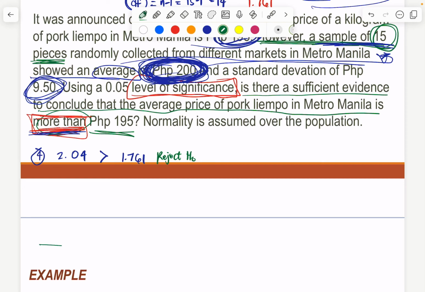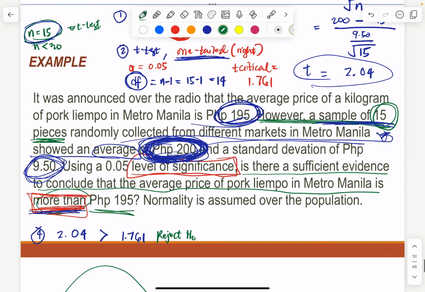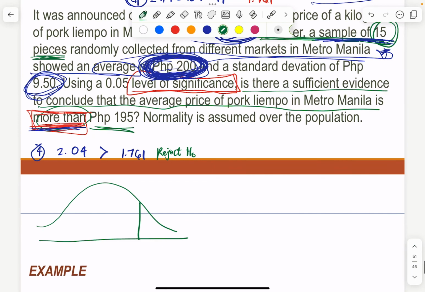You can also check this one with doing your curve or your graph. So, this is one-tailed and specifically to the right, so ang tail naa diri. Unsa to atong t critical? Our t critical is 1.761. Now we just have to draw or shade our rejection region and i-plaster nato si t computed. Asa man na siya mabutang?